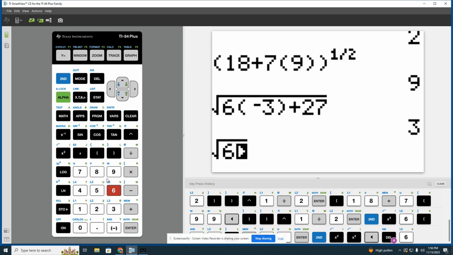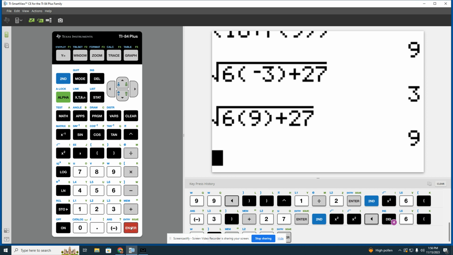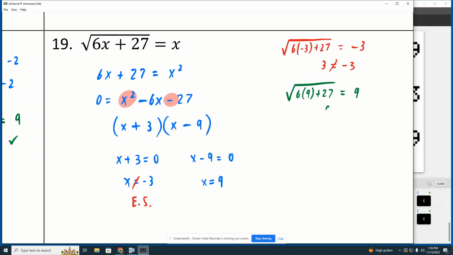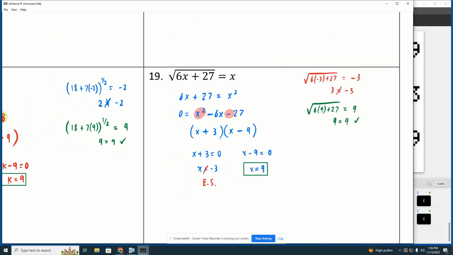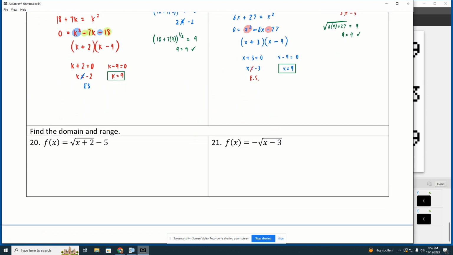So it should be 6 times 9 this time plus 27. And sure enough, our answer is 9. So because of that, 9 does equal 9, and therefore this one is not extraneous. It's the solution. So there you have it. Real simple. All right.